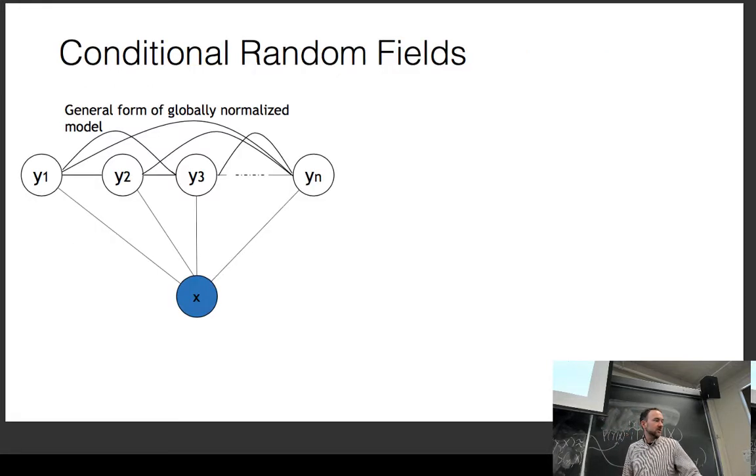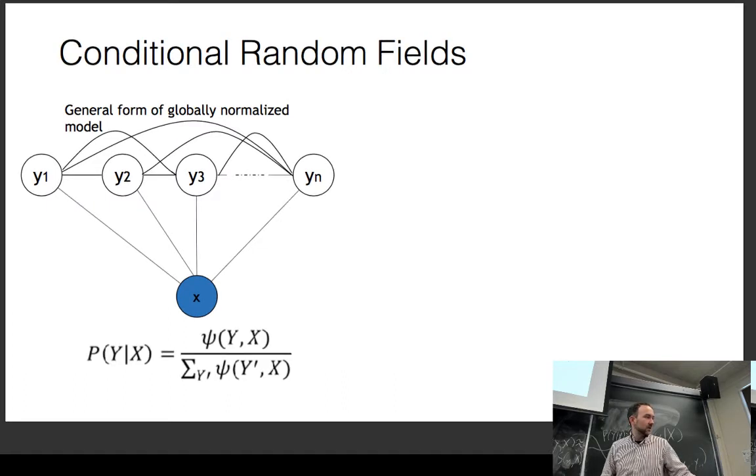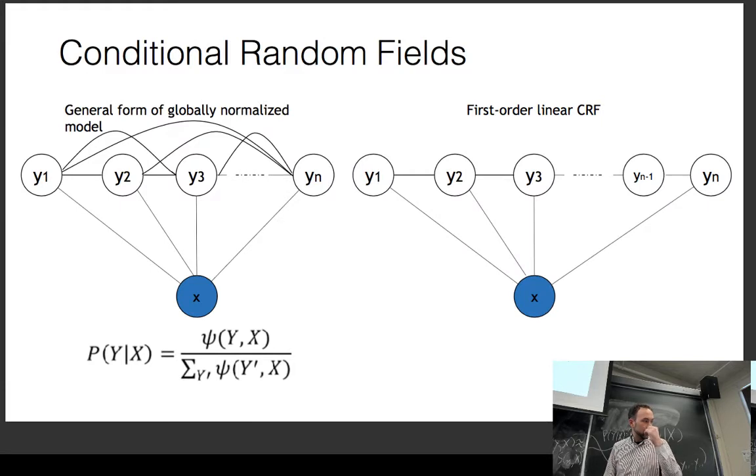So if you write the general form, you have x that can influence all of your labels, y1, y2, y3, all the way up to yn. And then all of the labels can influence each other as well. So you have connections between all of them, and this gives you this score here.